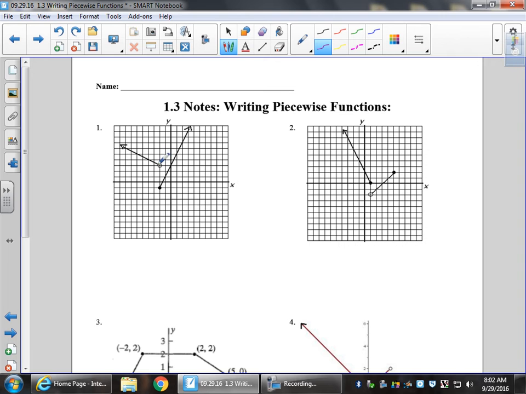Array, very good. We have a starting point with an arrow. And where should I be focusing my attention? Remember, domain is all about which values? X. So I'm told to find where it begins, so let's all put our pencil right here. How do I write the domain of this piece?